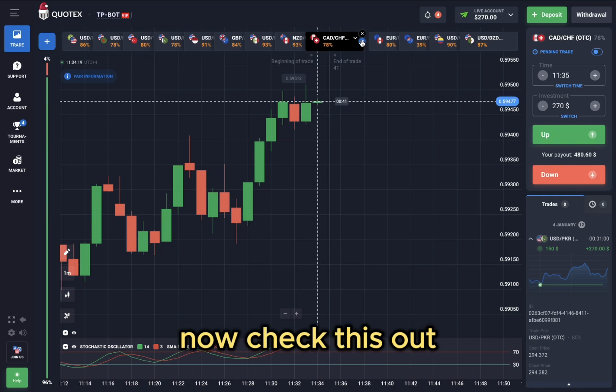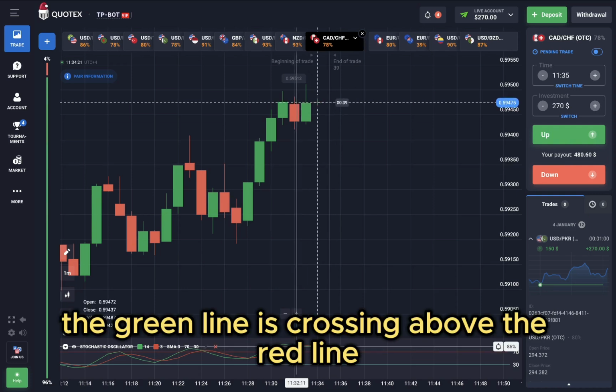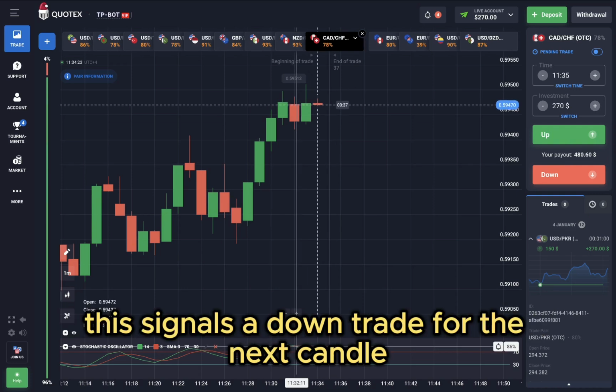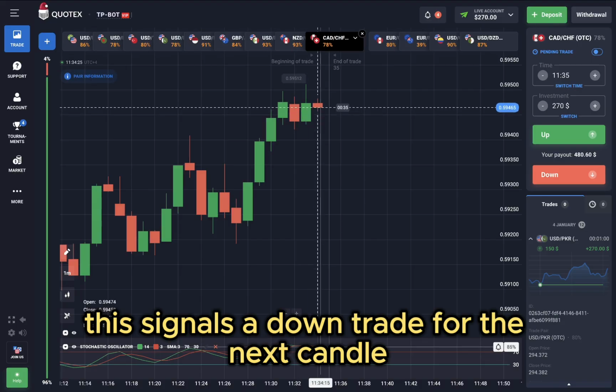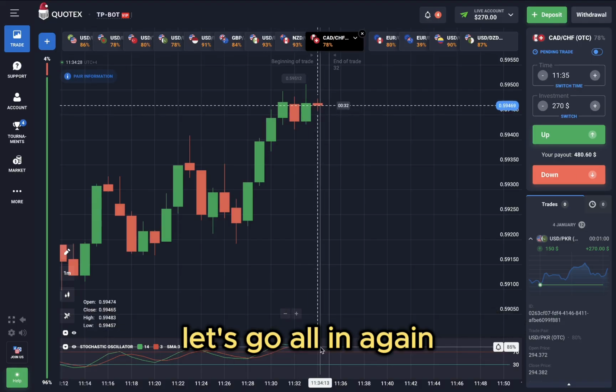Now check this out. The green line is crossing above the red line at the top. This signals a down trade for the next candle. Let's go all in again.